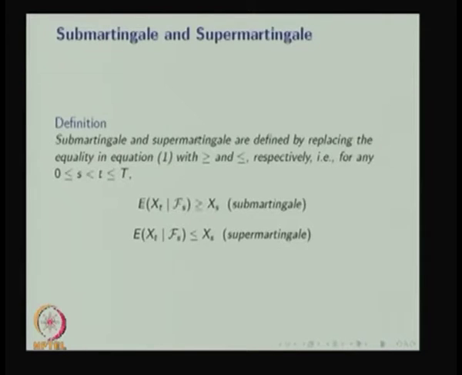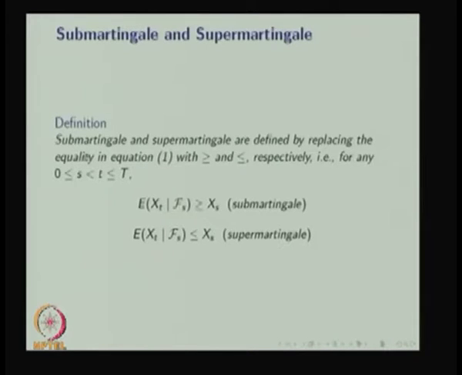If you replace the equality sign with greater than or equal to or less than or equal to respectively, for any 0 less than or equal to s, less than t, less than or equal to capital T, the third condition changes. The first two conditions are that the expectation exists, and then Xt is Ft measurable or Xn is Fn measurable. That's the two conditions, so there is no change in those two conditions, only the change in the third condition.